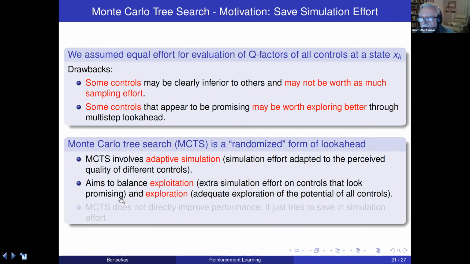Try to exploit the potential of these controls. Exploration refers to exploring adequately the potential of other controls. For example, we want to make sure that we don't neglect any controls that may look on the surface to be not so good, but on closer examination, they may turn out to be more interesting. And if we were to do more exploration, then we might discover their potential.